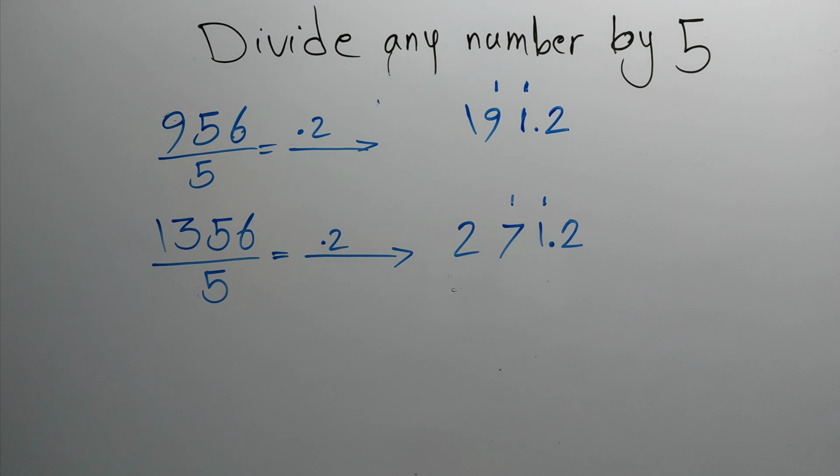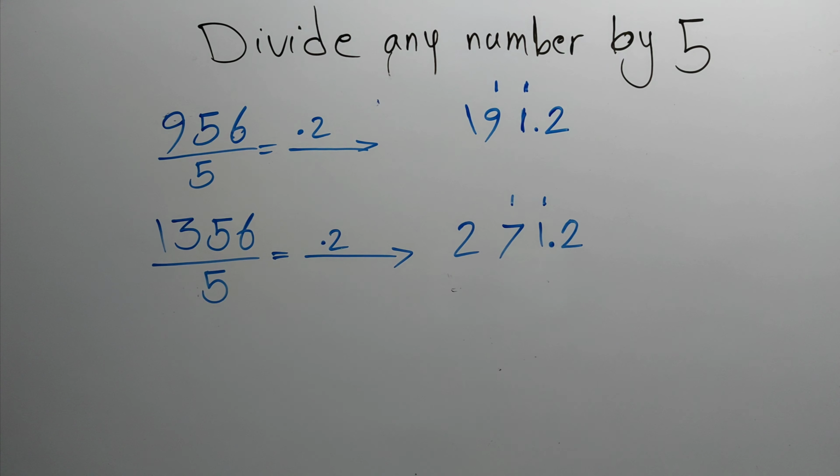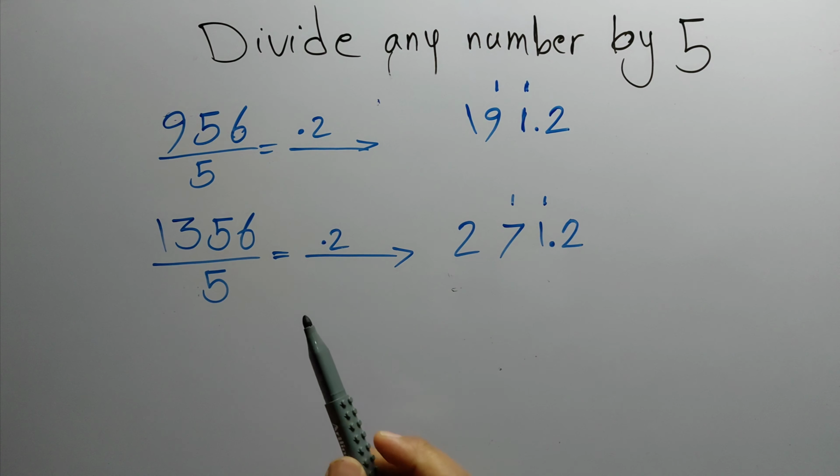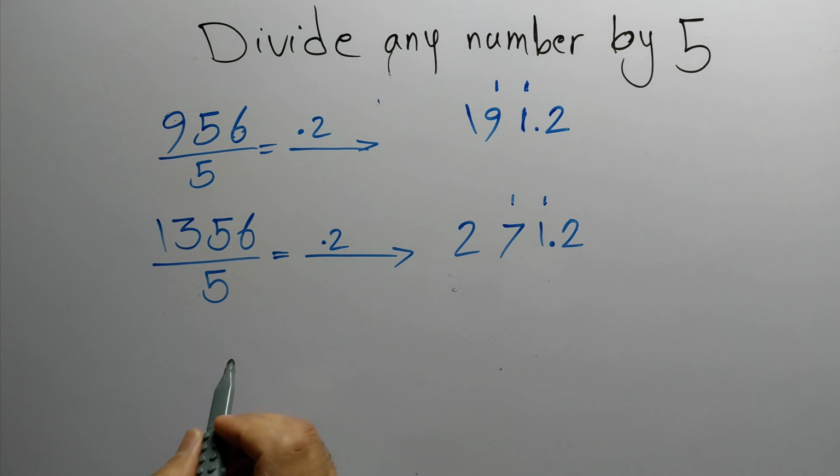So I think that's it for today, guys. So we can go on and on and work on multiplying any 2-digit numbers and then dividing any number by 5. Let me give you a couple of homework problems, and I want you to write them down in the comment section below under 10 seconds.